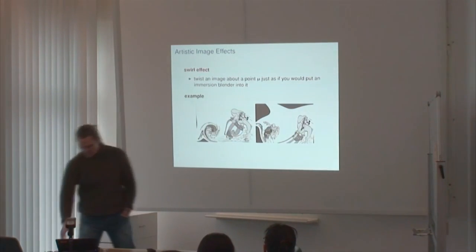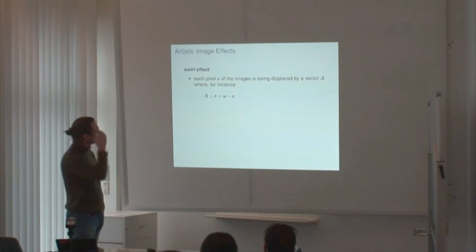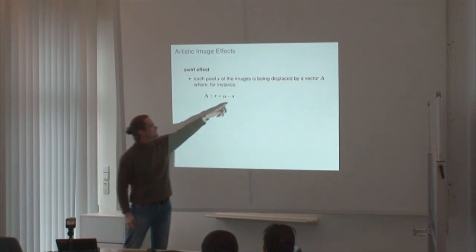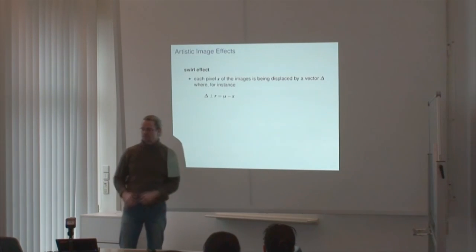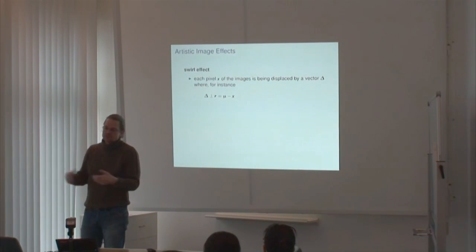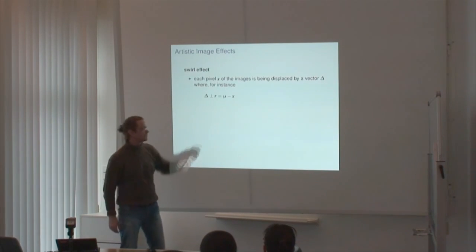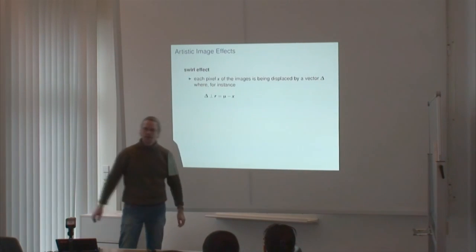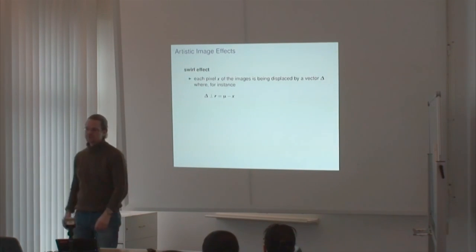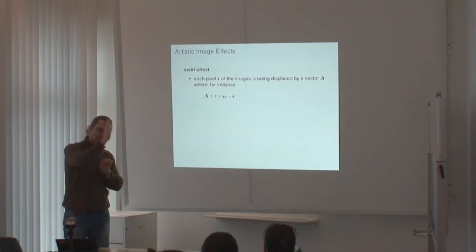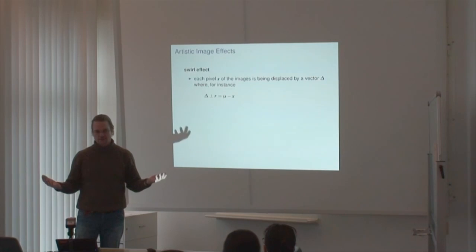So again, we assume that there is a center point, let's call it mu, and we consider a certain pixel coordinate x, which provides us with a certain radius vector, something that points from x to the center. And now we want to do a displacement not along the direction from where we are towards the center, but orthogonal to that.